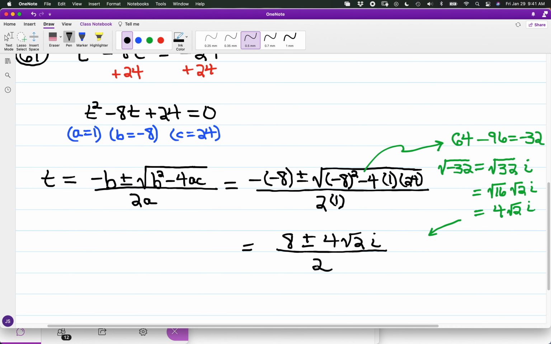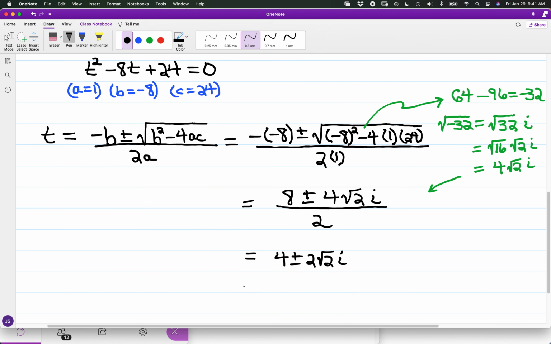And if you notice, we have even leading coefficients throughout: 8 at the front, 4 in front of the square root of 2i, and 2 in the denominator. So I can simplify. 8 divided by 2 becomes 4, plus or minus, and 2 will go into 4, giving 2 square root of 2i. This is the compact notation for the solutions in the variable t.